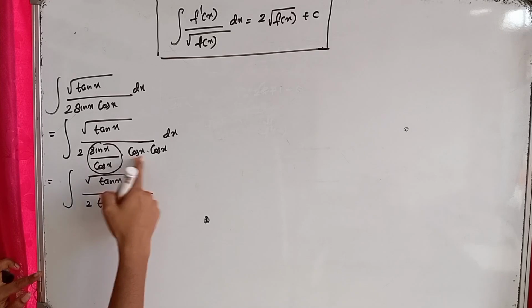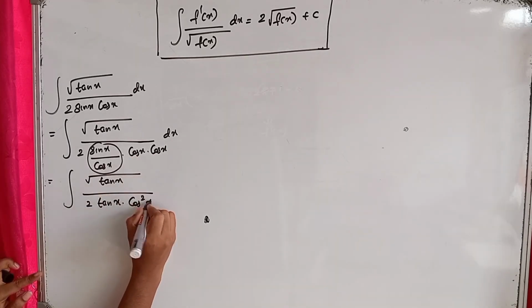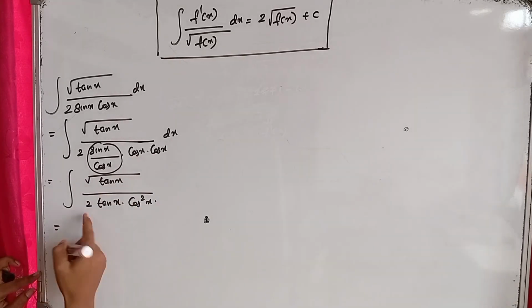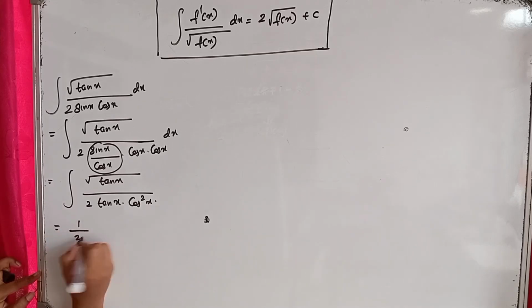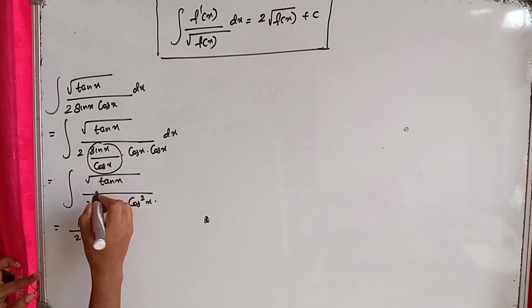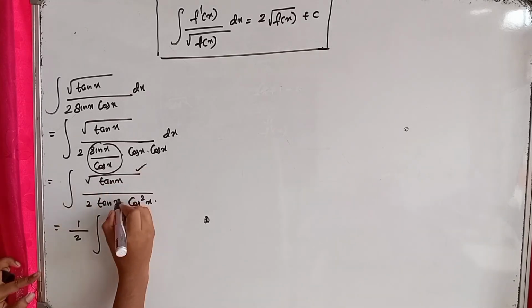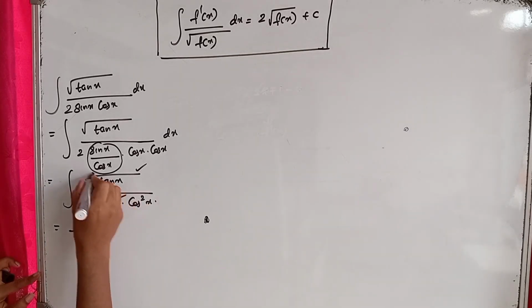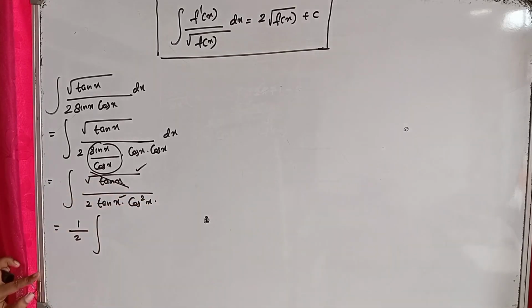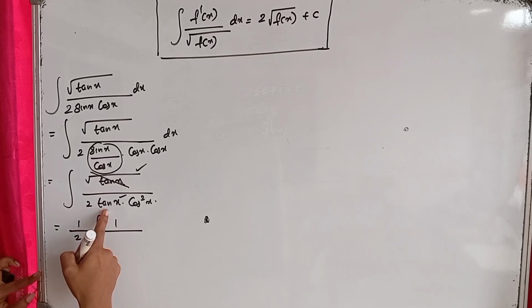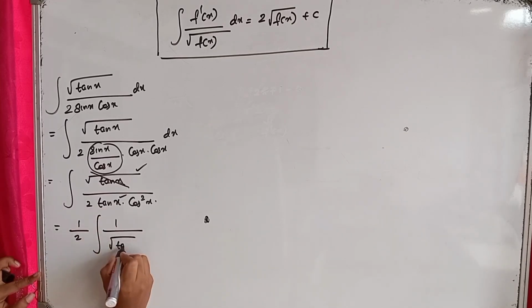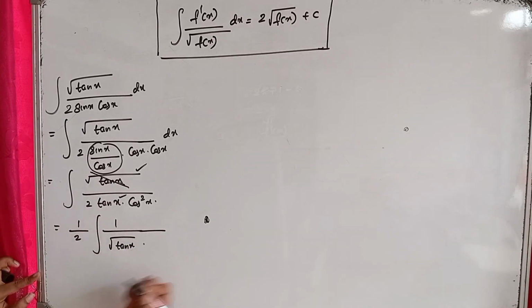Already we have a cos x on the denominator, so this becomes cos squared x, and the first term sin x by cos x becomes tan x. So on the numerator we have root tan x, and on the denominator we have tan x. So root tan x cancels. After that we get 1 by root tan x.